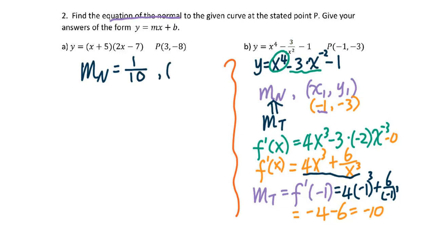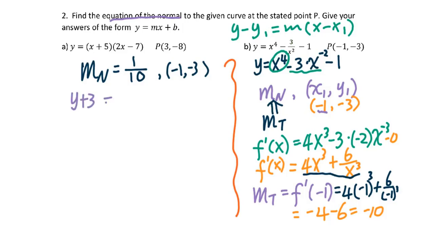We know the x1, y1, that is negative 1, negative 3. Using the y minus y1 equals slope times x minus x1 form, we will write down the equation of a normal line. That is y plus 3 equals 1 over 10 times x minus negative 1, which is x plus 1. Since I'm looking for y equals mx plus b, you cross this 3 to the right side.